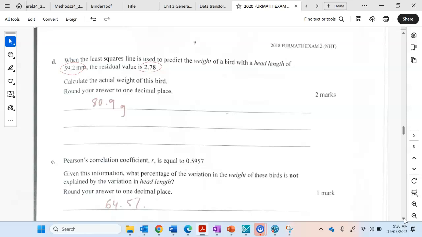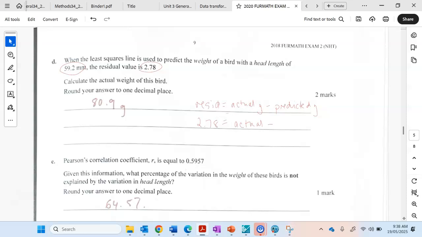So your residual formula: residual equals your actual y minus your predicted y. It's told us that the residual is 2.78. What do we want? The actual is what we want to work out.